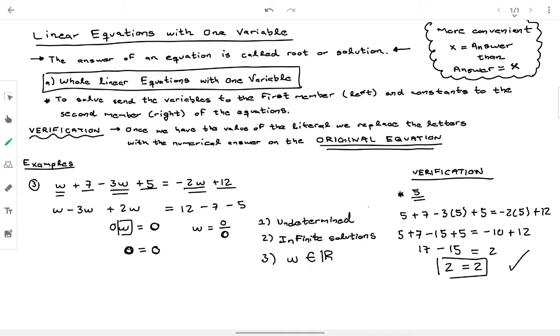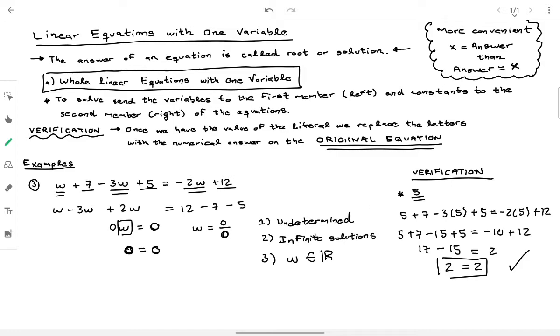And in exercise number 3, every number multiplied by 0 is 0. And that's why in this specific case, we have infinite solutions for this equation. So those are the 3 different types of answers we can have in a linear equation with one variable.